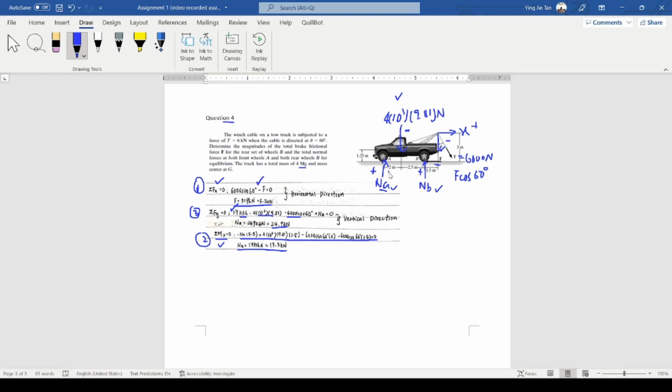So this one done, this one write in, and then your resultant force also to downside, so it's negative, and then plus your NB equals 0. After that, you will use your mathematic method. So you put here and there, making all the things to behind and leaving NB in front, you will get 24.9 kN for your NB. So here you will get NA, NB, and your force for this question. Awesome.